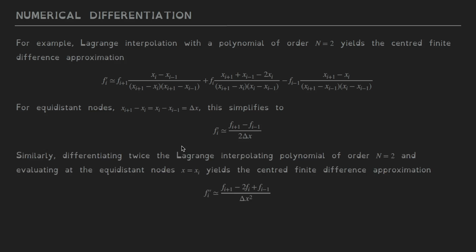Similarly, if you want to obtain a scheme for evaluating the second derivative, you can do the same procedure: evaluate a Lagrange interpolating polynomial, take its second derivative and evaluate it in the middle, and then you obtain this expression, which is valid for an equidistant grid again.